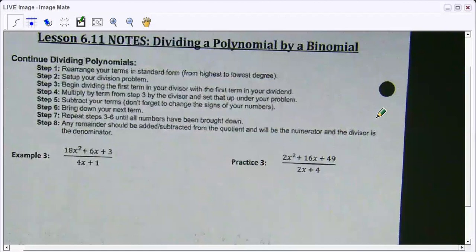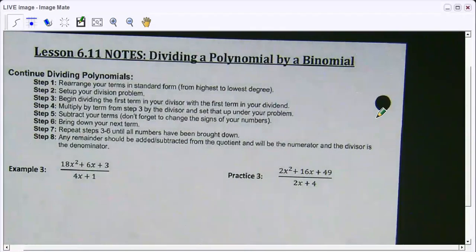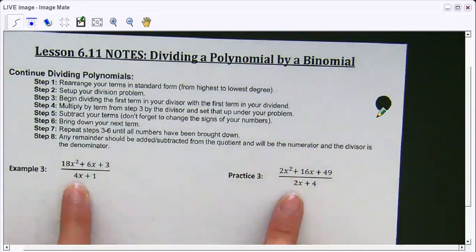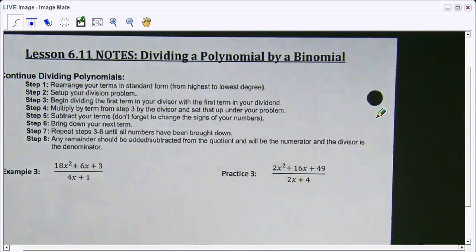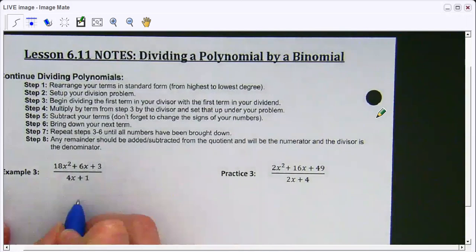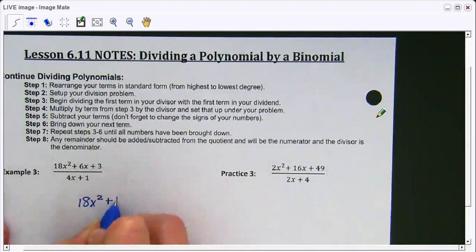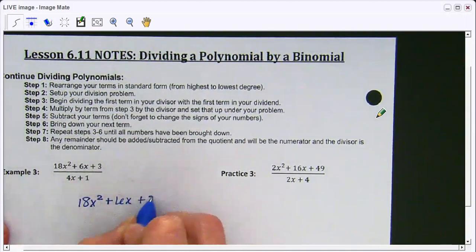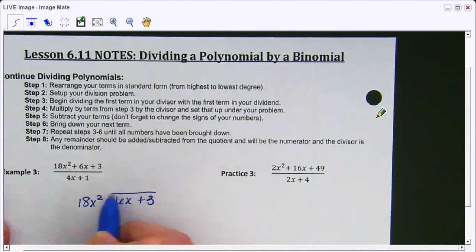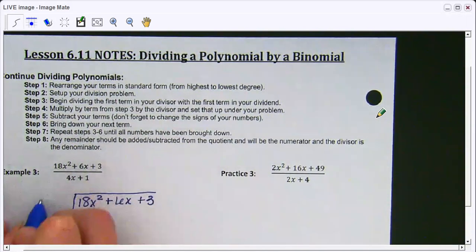I am going to show you now how to solve some problems where you have a coefficient in your divisor. So we're going to set this up like we would any other problem. So 8x squared plus 6x plus 3 divided by 4x plus 1.